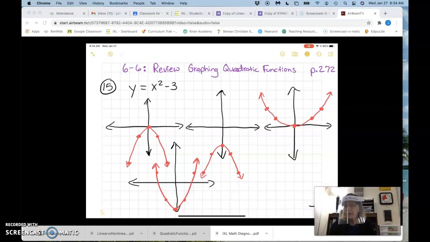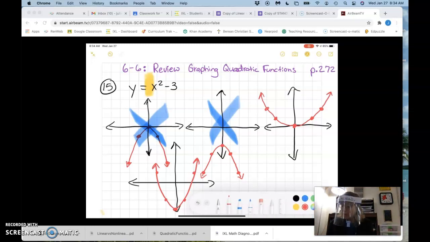Because if you look at the sign in front of the x squared, it's positive. So you know that this parabola opens up. So right away, we can cross out this one and this one because they both go down and this parabola opens up. So now we only have 2 choices left.